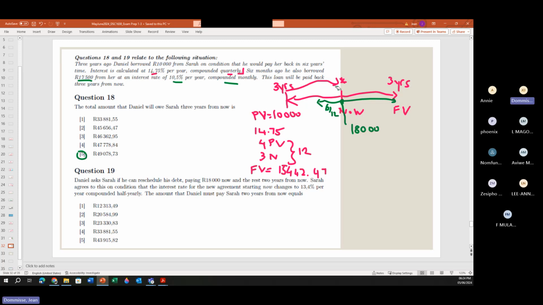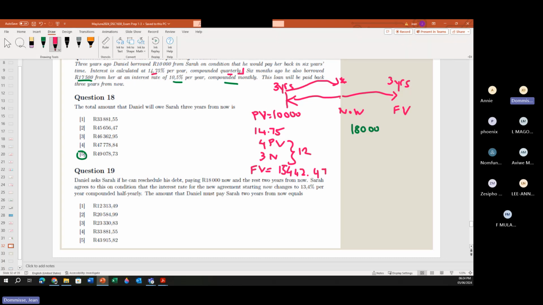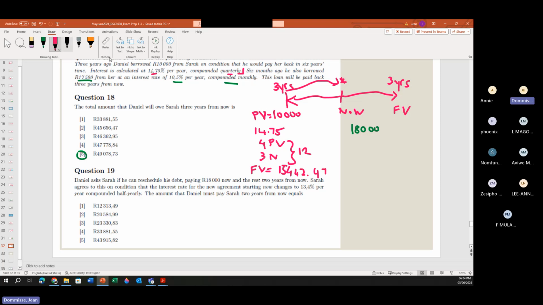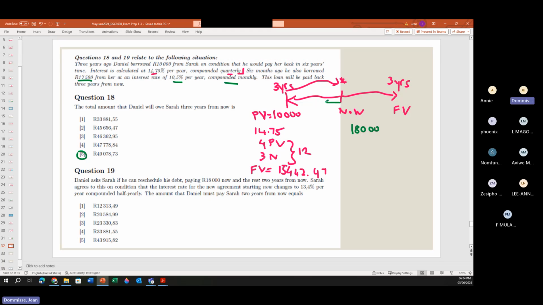So the important thing in this question is to find out this value of now. The first one was that 10,000 that we worked out the value of now. The other one was the 17,500.